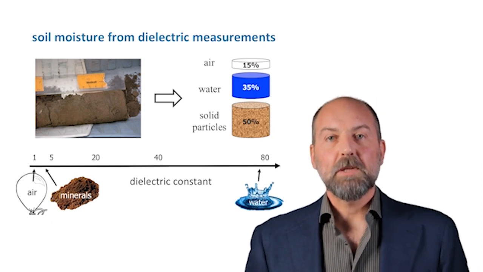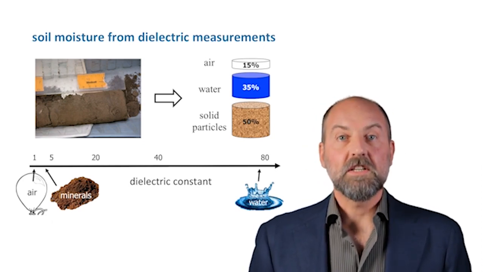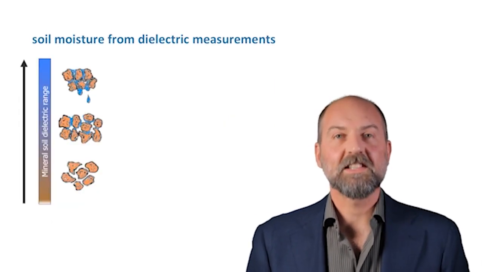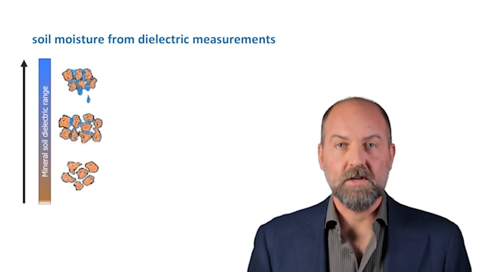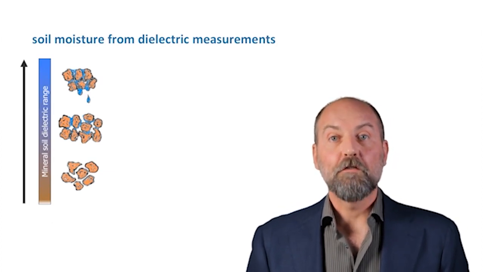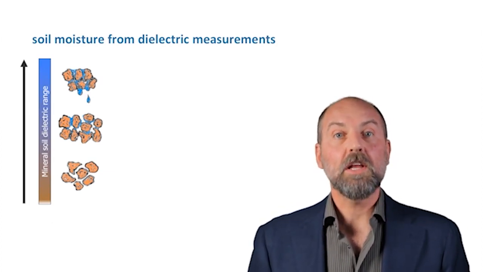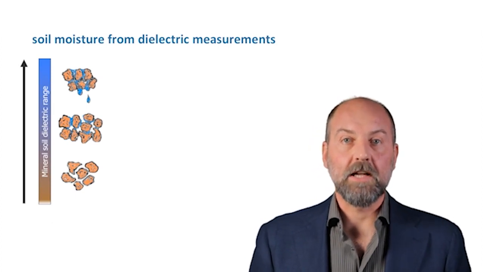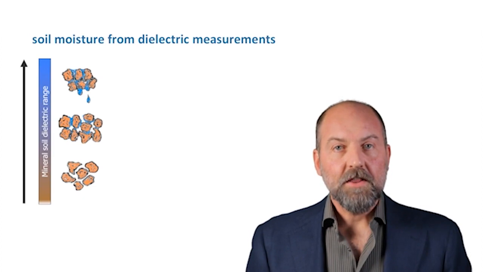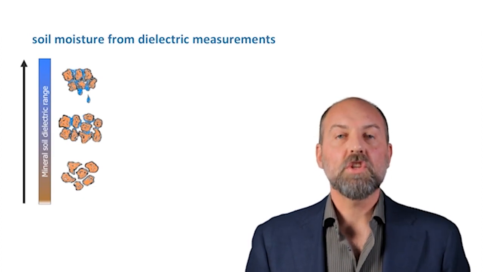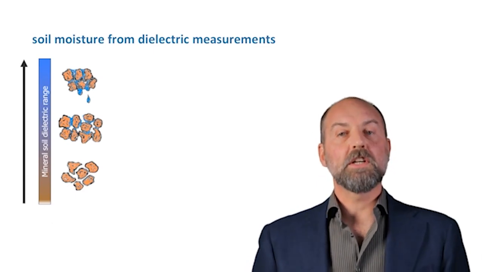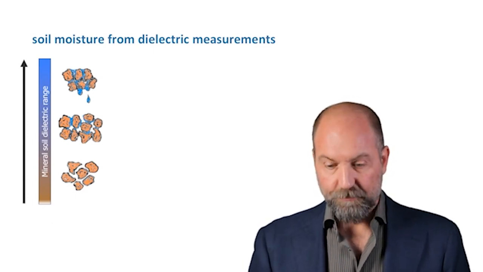This is the explanation that you may have heard over and over in your soil physics class or at seminars around the world. And it works well for explaining this relationship between soil dielectric permittivity and water content. However, this explanation does not account for a number of problems that we often incur when taking soil moisture measurements.